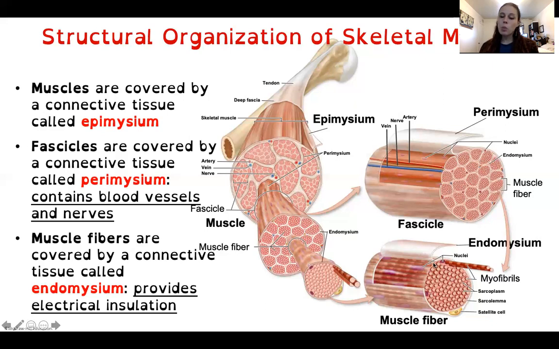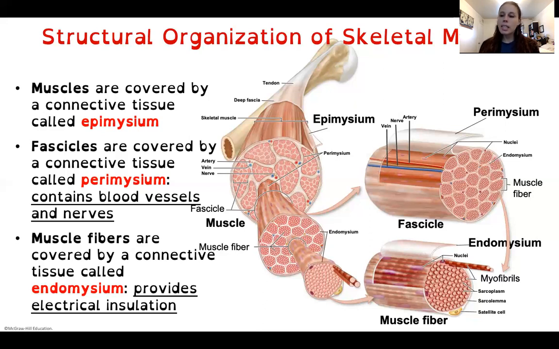And this endomysium provides electrical insulation, which means that when one muscle fiber is contracting, only that muscle fiber that receives the signal will contract and not the ones that are nearby. If you didn't have the endomysium, then once a muscle fiber starts contracting, all the other ones would contract. So this endomysium is basically ensuring that only the muscle fibers that we actually need for that movement are going to contract.